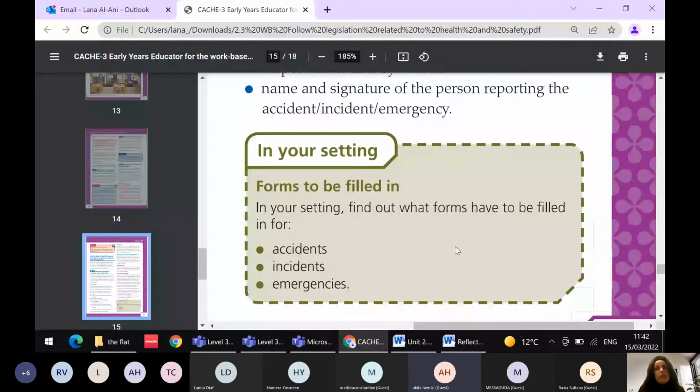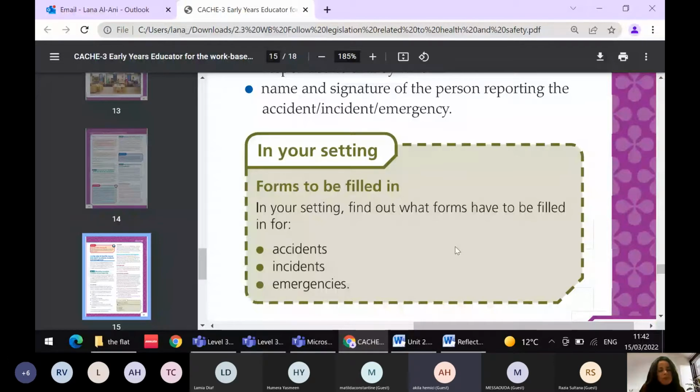Did we call the police? Did we call an ambulance? Did we look for him or her everywhere? Did we find the child somewhere? Did we inform the parents? All this needs to be recorded, and after that I need to sign the form and also put my name in. It's very, very important.